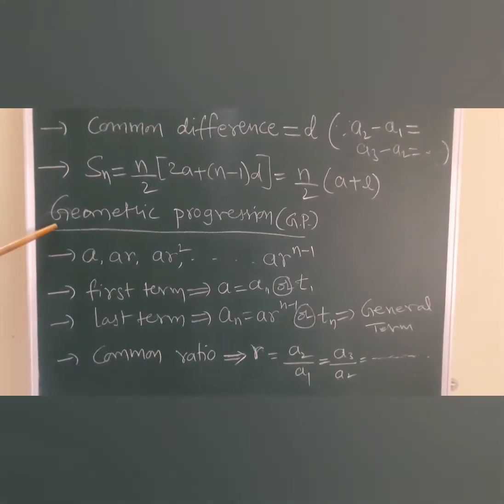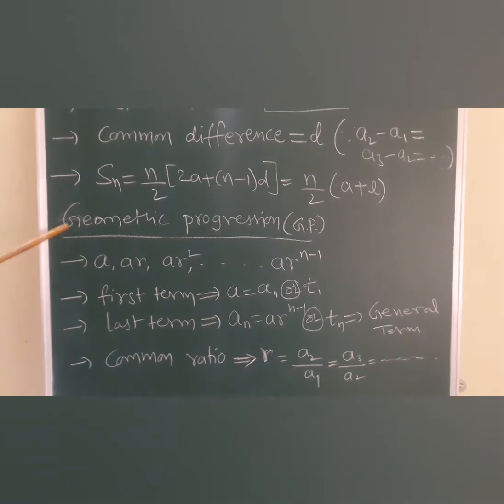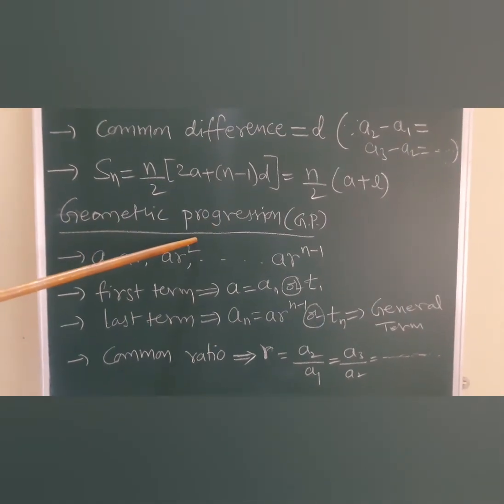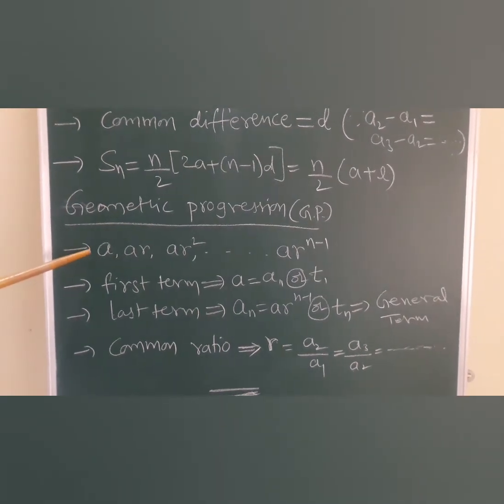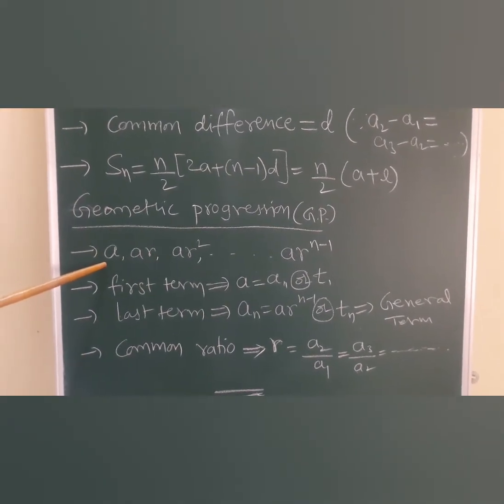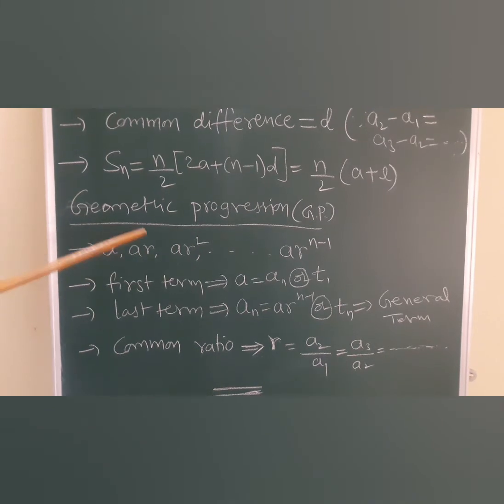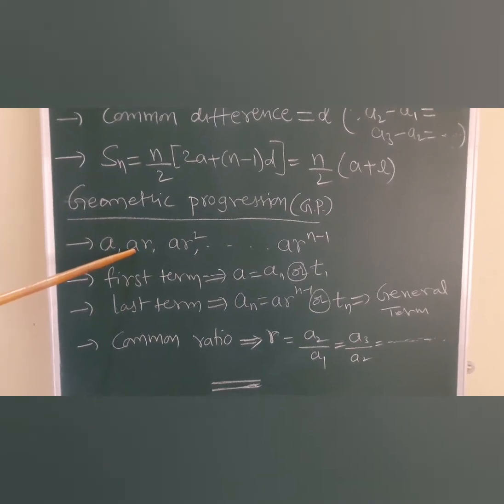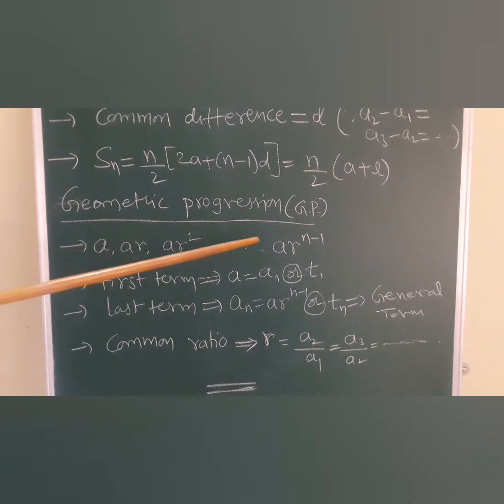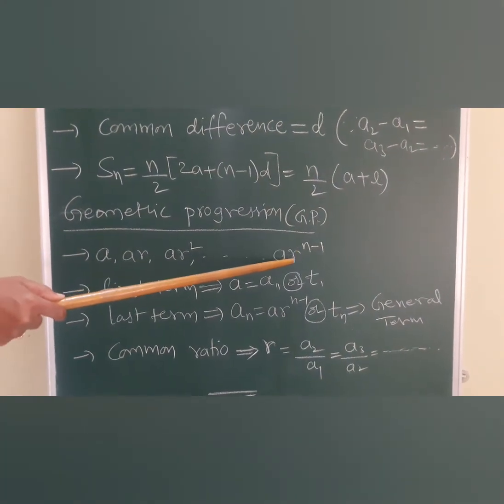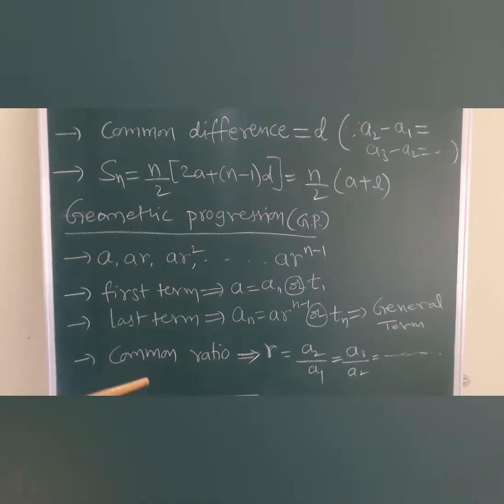Now let us discuss geometric progression, that is GP. This progression is in the form of a, a into r, a into r square, and so on, a into r to the power of n minus 1.